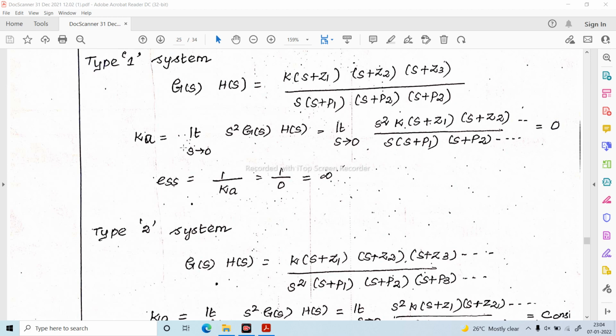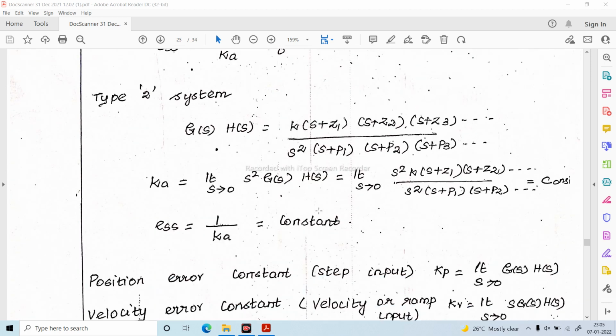Okay, Ka is equal to what? Limit s tends to 0, s square into g of s into h of s. Here I have to apply the value and the s's get cancelled and the value equal to 0, Ka equal to 0. So what is ESS? 1 by 0. 1 by 0 is what? That is infinity.